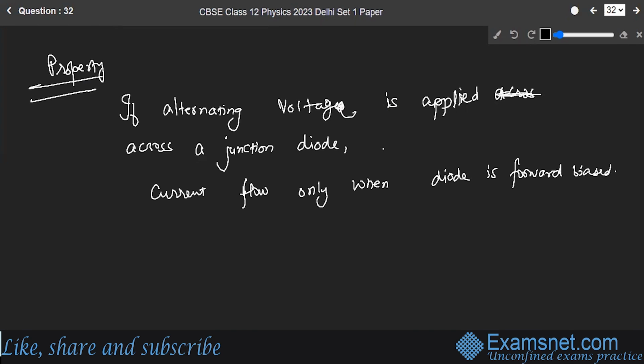This property of the junction diode can be used to rectify alternating current. The circuit used for this purpose is called a rectifier.